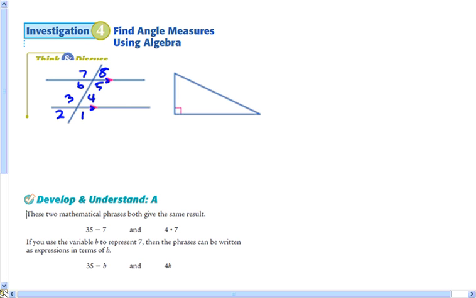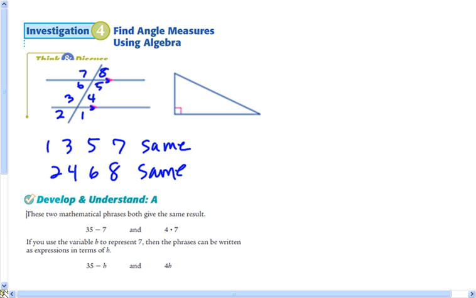So if you have two parallel lines cut by a transversal, you get some angles that are the same. They have different names, and the names aren't all that important, but 1, 3, 5, and 7 are all the same angle measure, and so are 2, 4, 6, and 8. So there's really just two different sized angles.